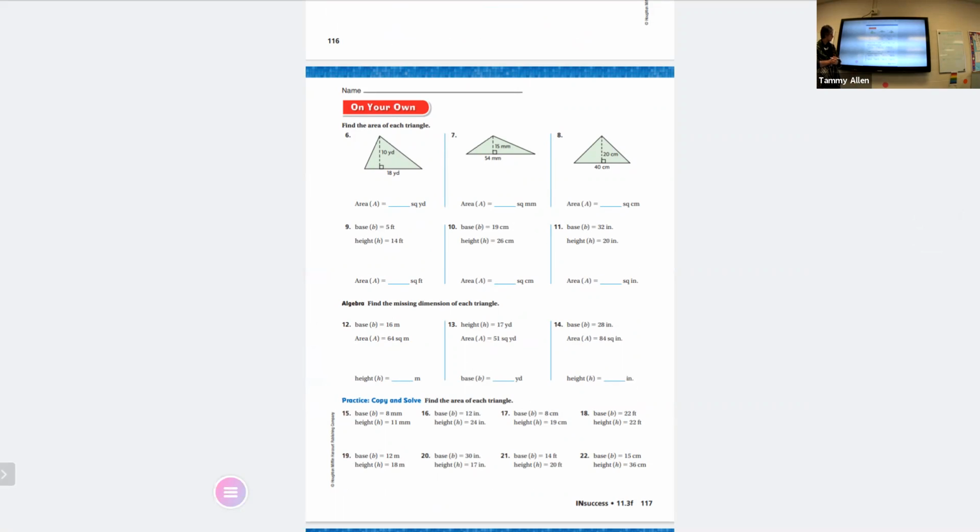Taking a look at number 12. We're now looking for a dimension, which means that we want to know the base or the height.